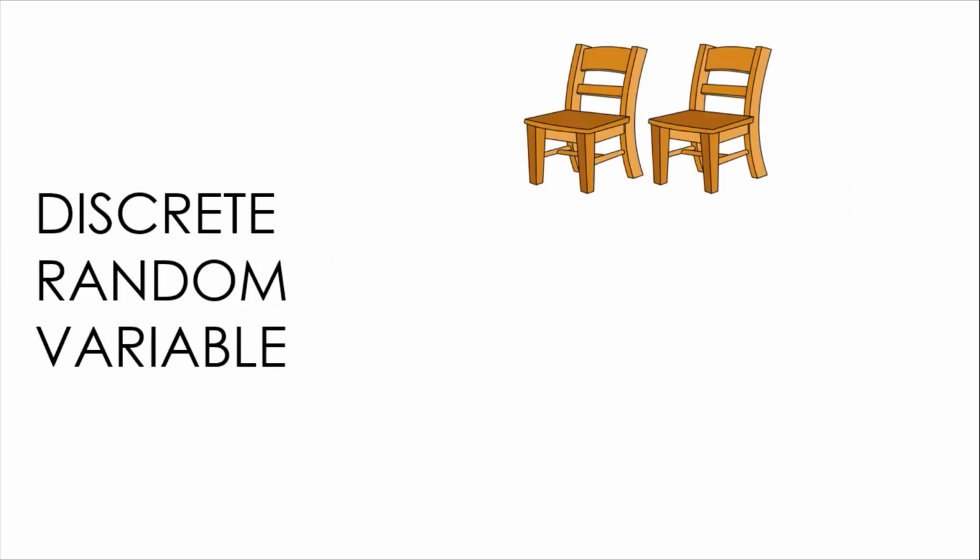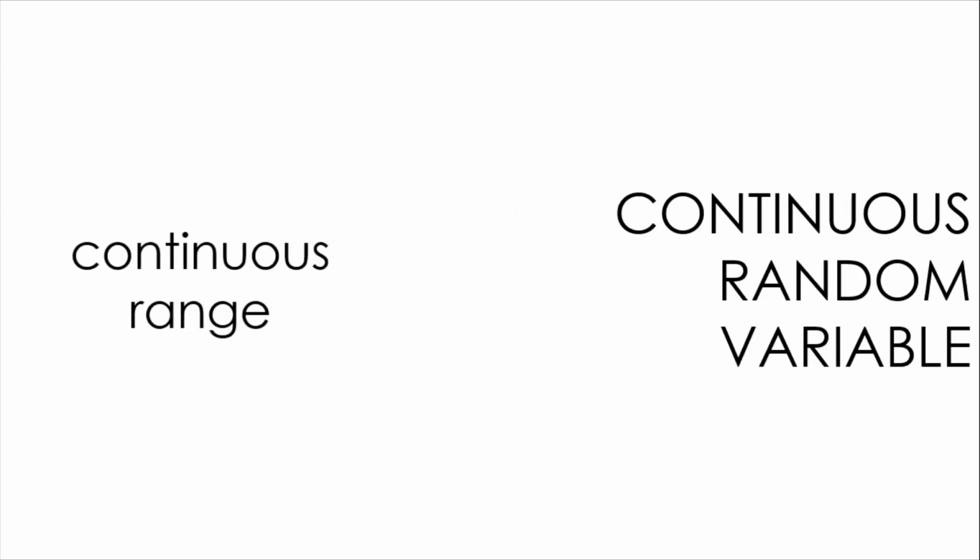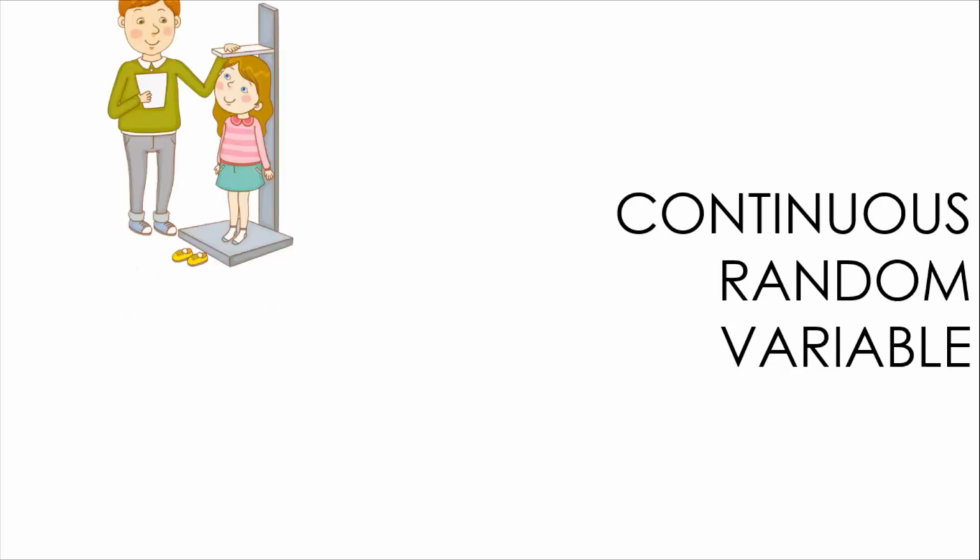A discrete random variable is a variable that is countable, like the number of chairs in a factory or the number of doctors in the COVID ward. While a continuous random variable takes on values that are on a continuous range, like the height of your child or the temperature of the student.